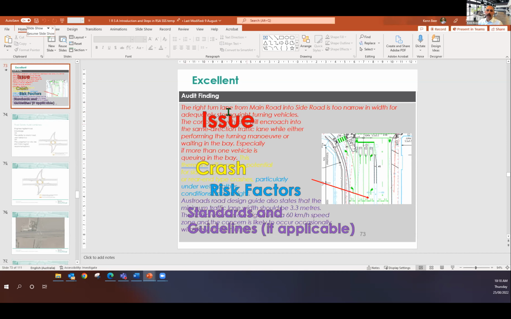Some people would talk about pedestrian desire lines going from A to B, which will increase the risk for pedestrians, but they don't say what the crash is. They just jump past the crash part. What's the crash? Are we talking about pedestrians tripping over? Are we talking about motorcyclists hitting a pedestrian?